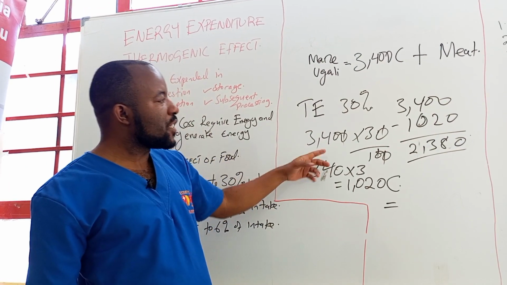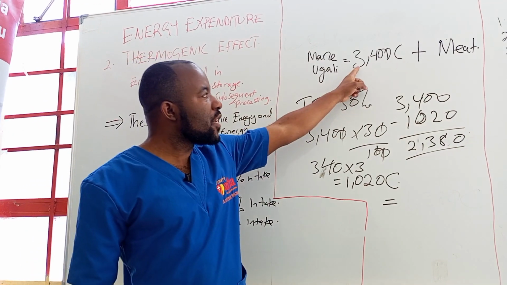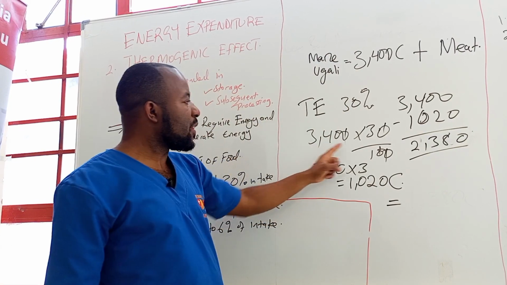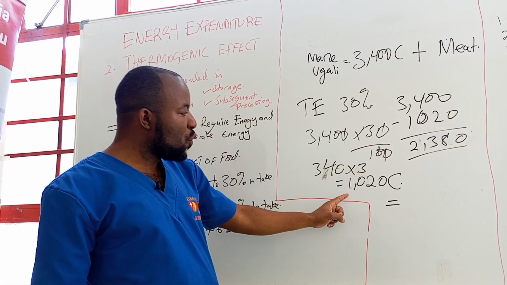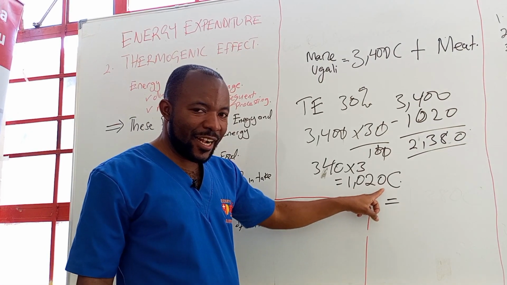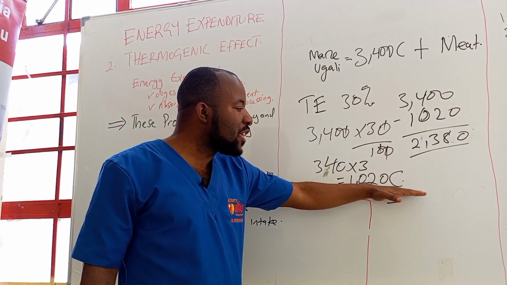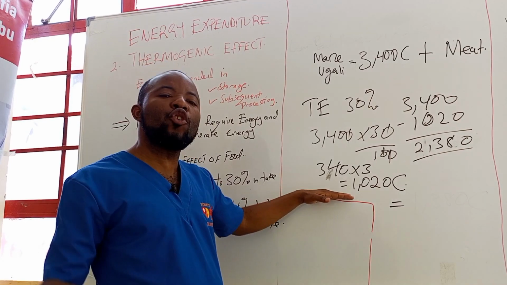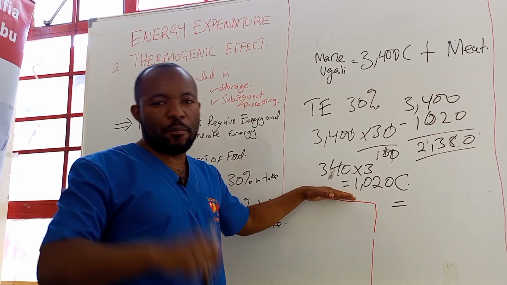Now, 30% of 3,400 will give you 1,020 calories. These are the amount of calories that the protein is going to save you from.